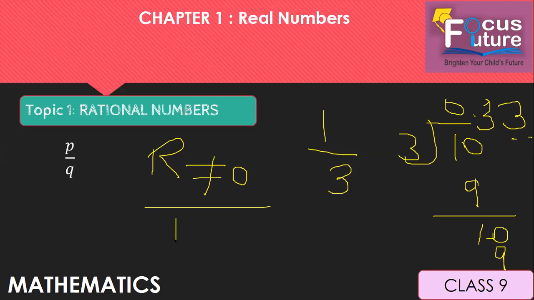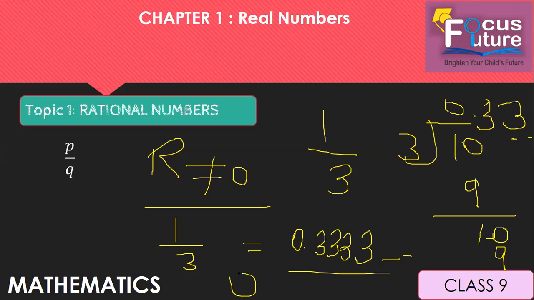So the decimal representation of 1 by 3 would be 0.3333 and so on. So it is continuing. So this number, 0.3 bar, means that when we place the bar over the number, it is non-terminating. It is not ending at any point. Non-terminating.